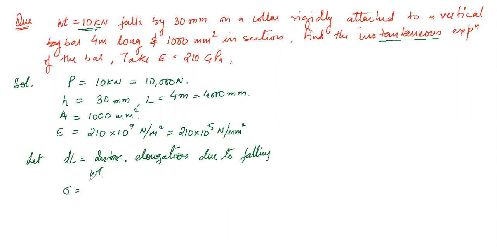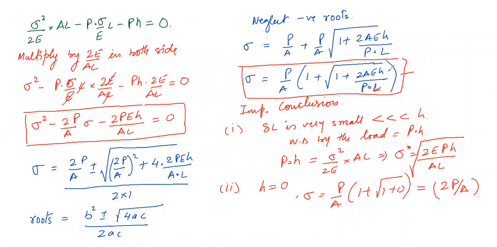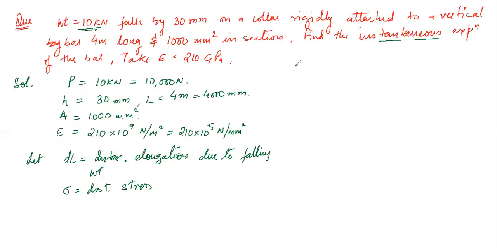When we have a delta L elongation due to the falling weight, there must be an instantaneous stress also developed, right? Let's use the previous equation. We have already defined the value of sigma. So I'm going to use this expression: sigma is equal to P by A times under root 1 plus 2EAH by PL, right?